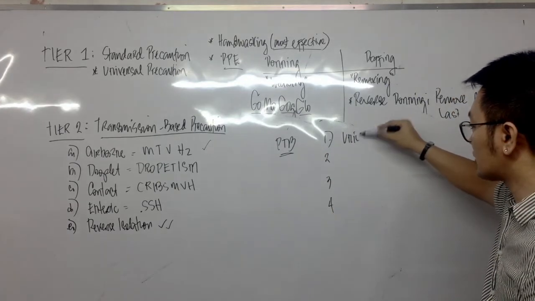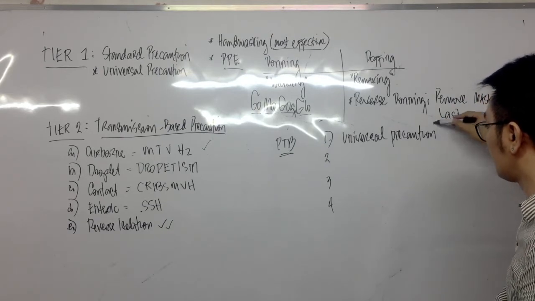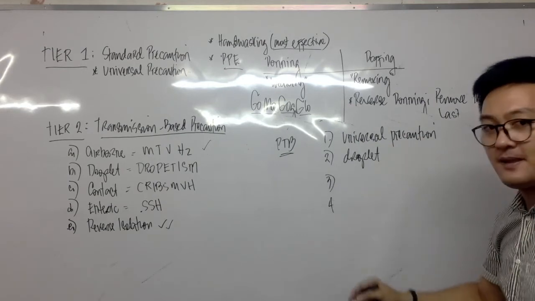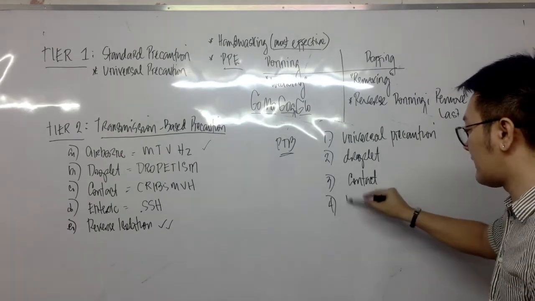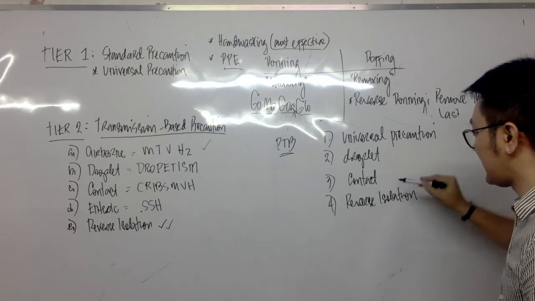Number 1 is universal precaution. Number 2 is droplet precaution. Number 3 is contact precaution. And number 4 is reverse isolation.